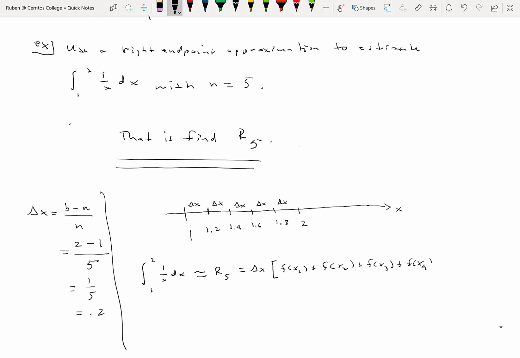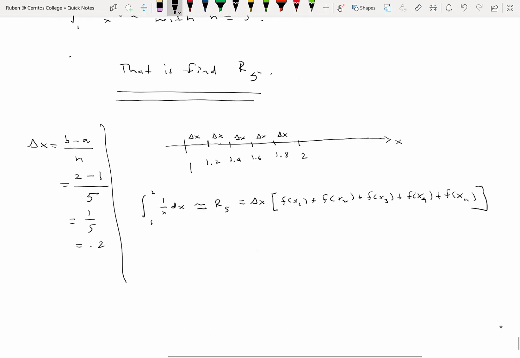This gets real tedious when n equals like 1,000,000. Not for you guys. I promise I won't let n equal 1,000,000 on your next test. I promise. Okay, so that's what the formula looks like written out.